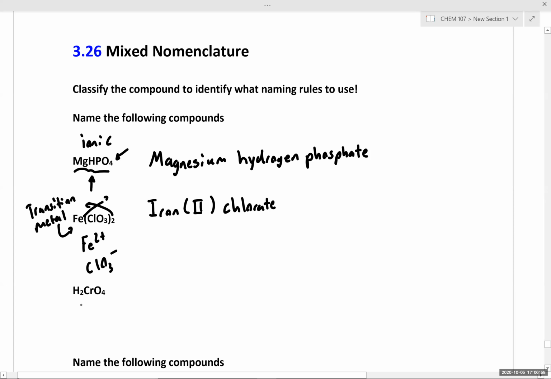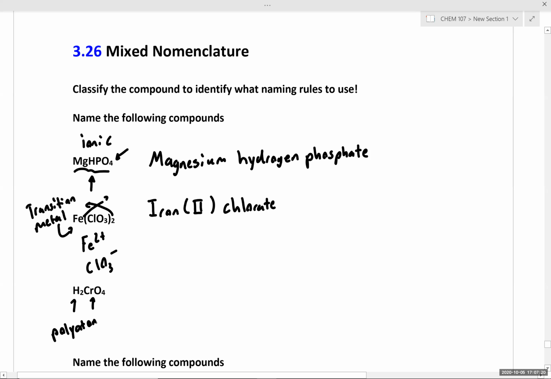In the final example, we have hydrogen in a polyatomic ion. This is a polyatomic acid. Because remember, acids are neutral and they contain hydrogen and an anion, be it a polyatomic ion or an atomic ion.